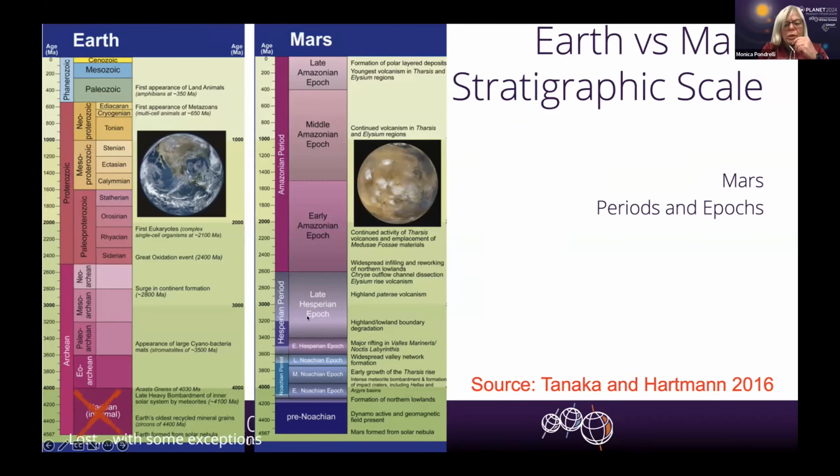Then these periods are subdivided in epochs. There is a pre-Noachian period. We know very little about that, but we suppose that the dynamo was active and the geomagnetic field was present during that period. Most of what we found in the highlands was deposited during Noachian and Hesperian times, while the lowlands are mostly Amazonian.